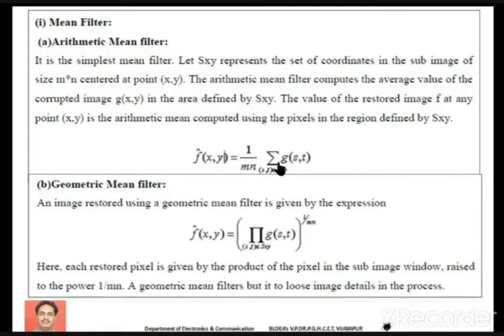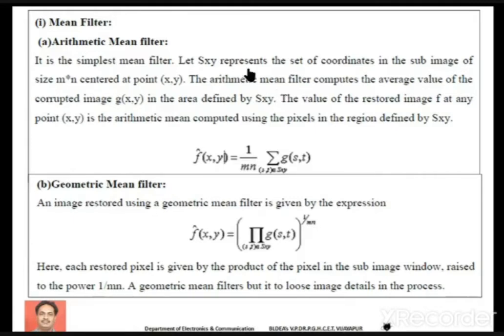Like if you consider a rectangular mask, say S xy, assume that this S xy represents a rectangular mask, say 3 by 3, whose center is x comma y. Then we replace that center pixel by the average of these 9 pixels, and that process we call the arithmetic mean filtering operation.